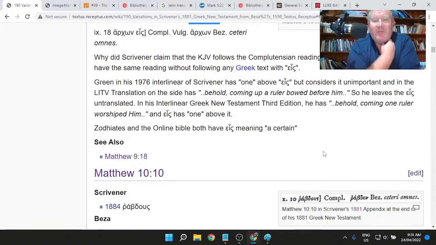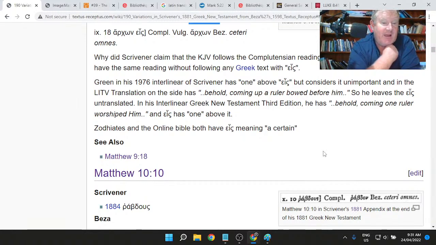Why did Scrivener claim that the King James Version follows the Complutensian reading when the above English Bibles have the same reading without any Greek text with ice? Green, in his 1976 interlinear of Scrivener, has one above ice, but considers it unimportant.